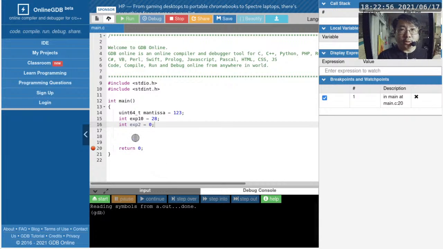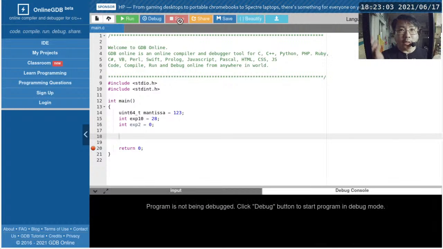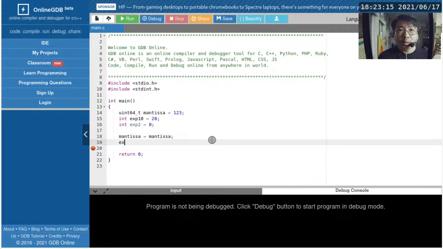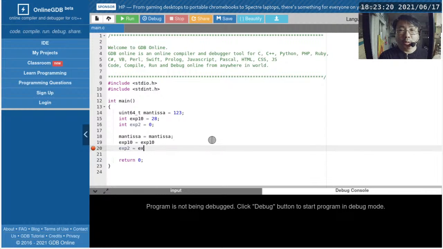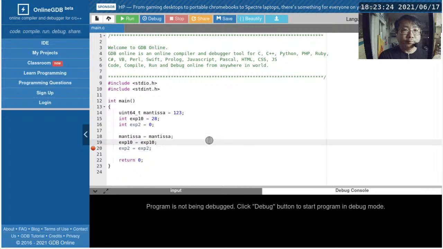So while you guys are doing that, I'm going to fix this program so that the variables do not get optimized out so that I can actually do something in the debugger. Alright, so type here. Mistyped.